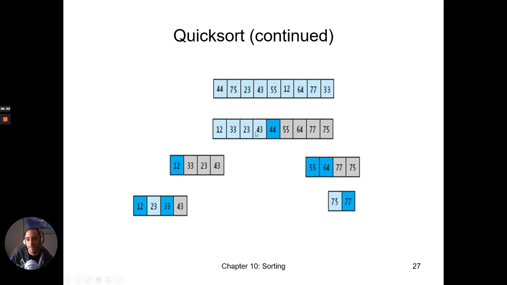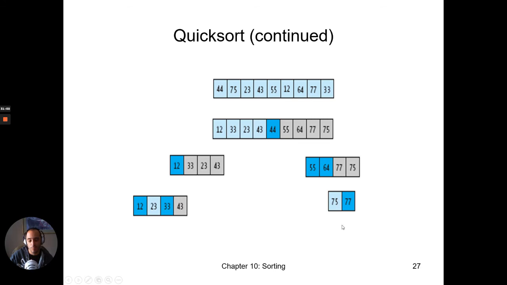And then it is going to look at this list here. It is going to choose a pivot point, and it is going to move everything from that pivot point to one side or to the other. And then it's going to continually do that until it has that sorted list all done. Pivot point, move, pivot point, move. You don't need to worry so much about the merging anymore, because this list is always going to have items bigger than the pivot point.